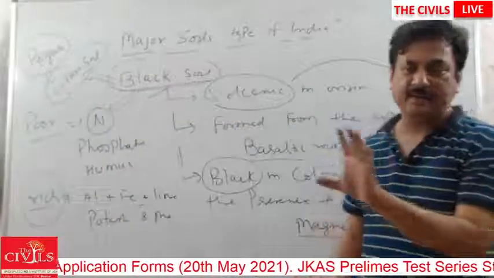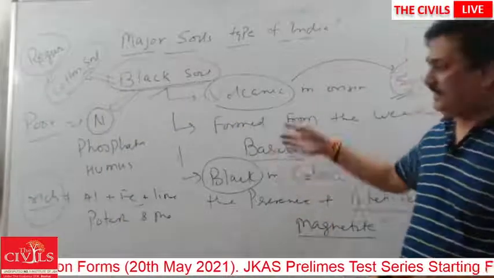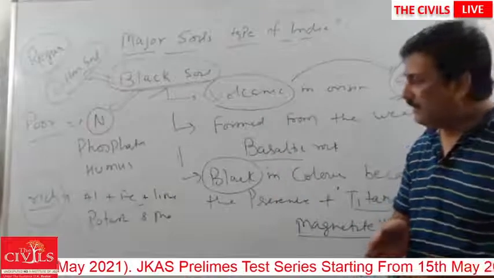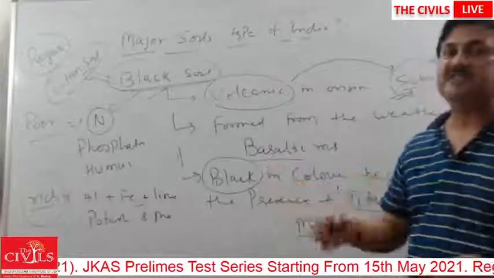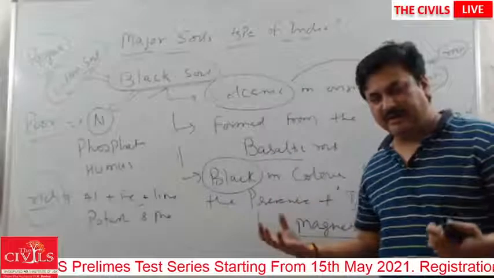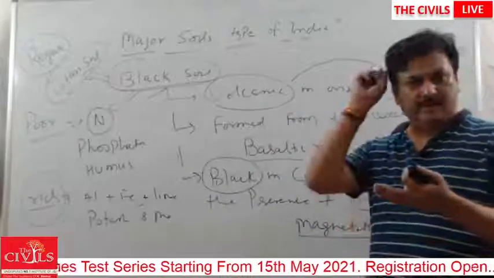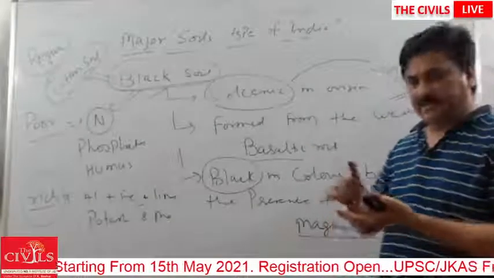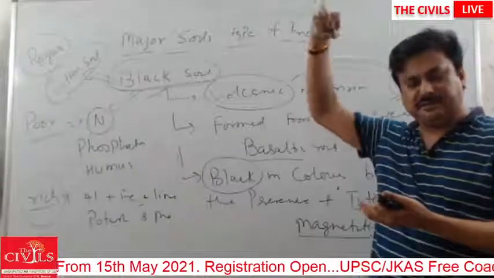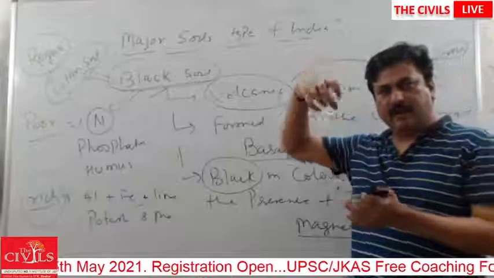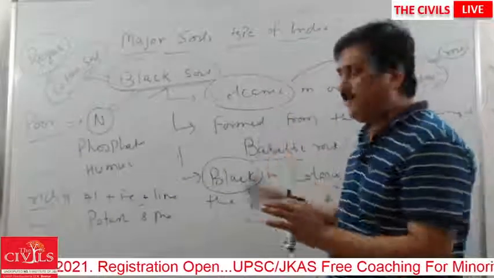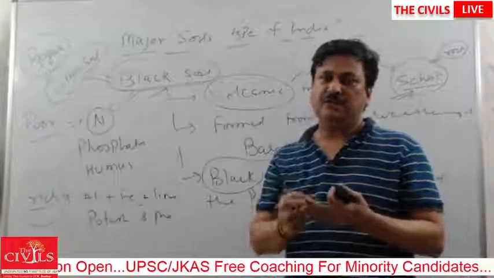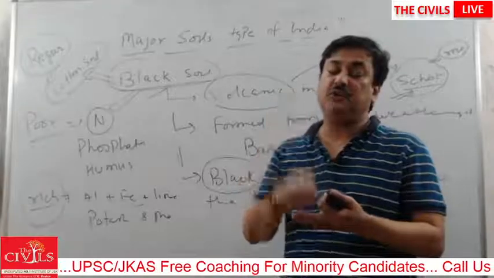What I have said: when this soil dries, cracks develop, and that's why it is called self-plowing soil. On the other hand, when rainfall takes place, this soil becomes very sticky, and because of the stickiness, it is difficult to plow.